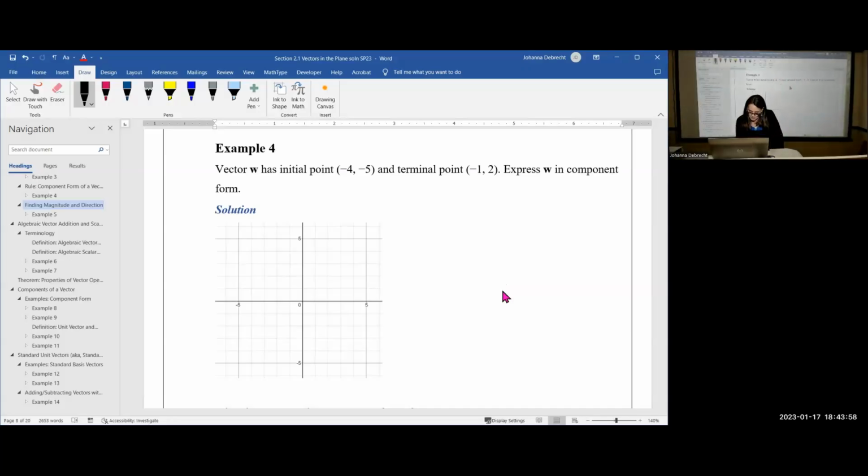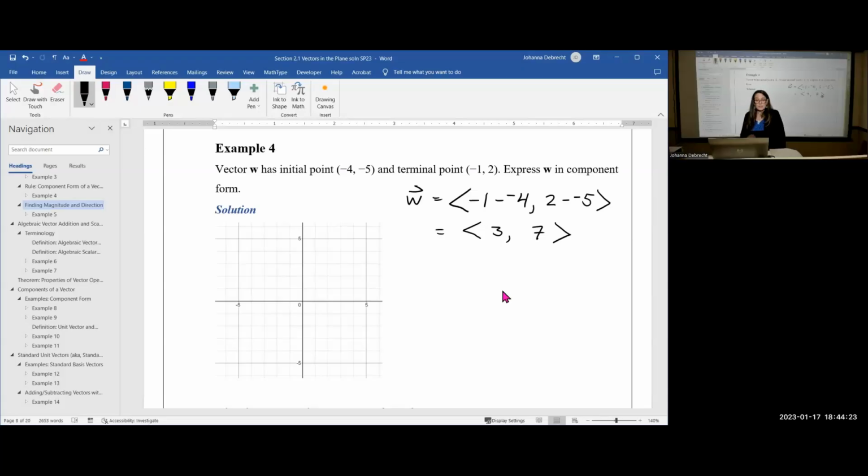So this is going to be vector W. We use angle brackets. So -1 from the terminal, minus a -4 from the initial, comma, 2 from the terminal, minus a -5 from the initial. Double negatives make it plus, and you end up with 3, 7, right?